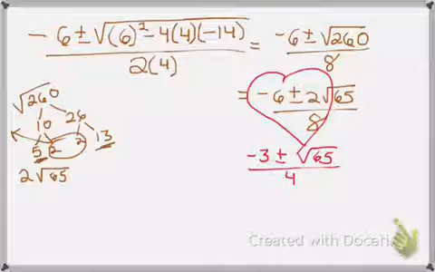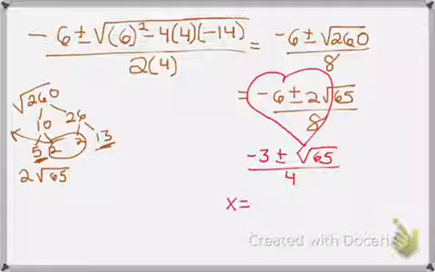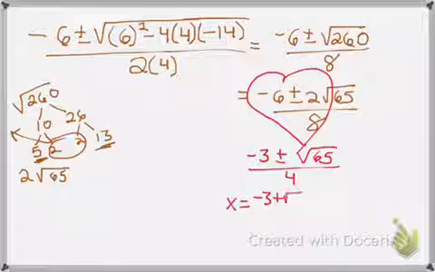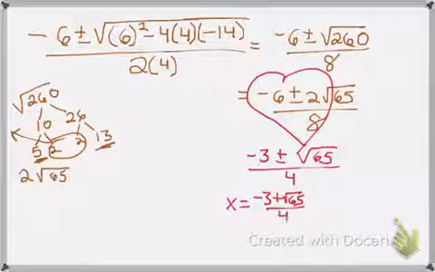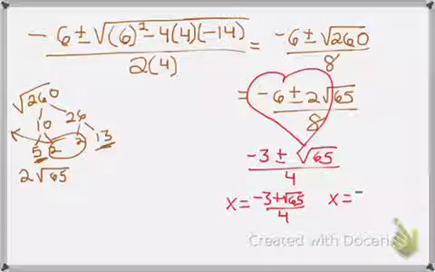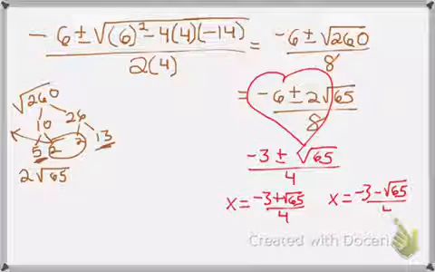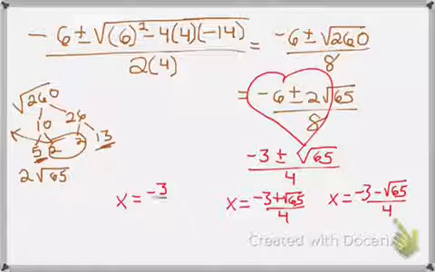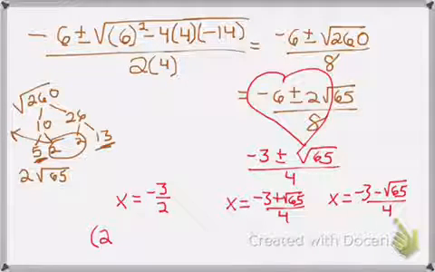So my roots are x equals negative 3 plus square root of 65 over 4, and x equals negative 3 minus square root of 65 over 4. And don't forget the first root that you chose, which was x equals negative 3 over 2. So now when I write the complete factorization, it's going to be 2x plus 3.